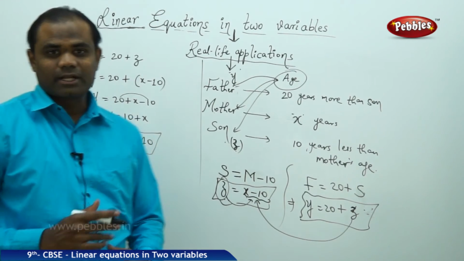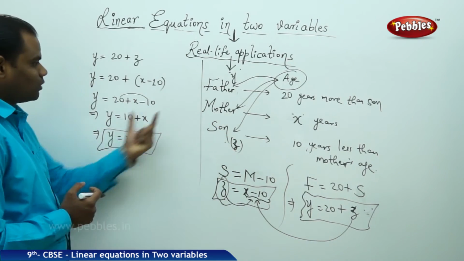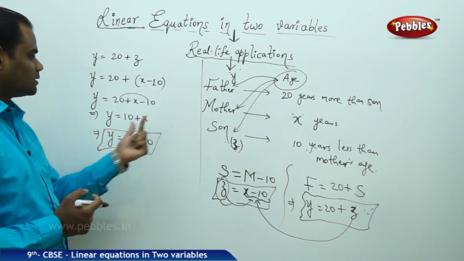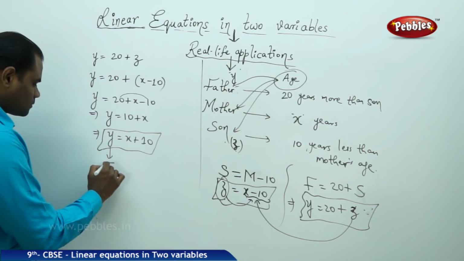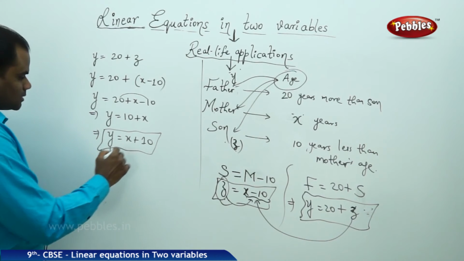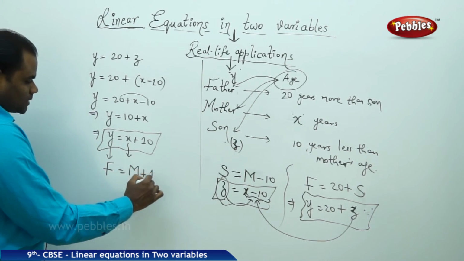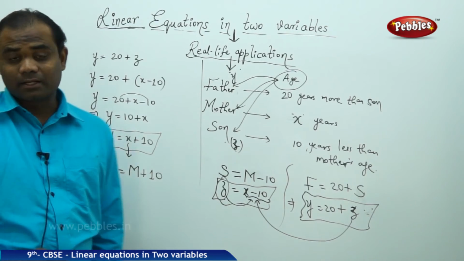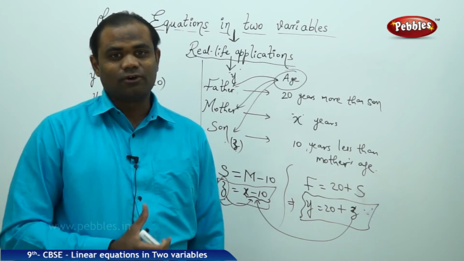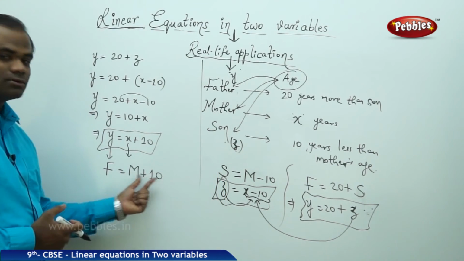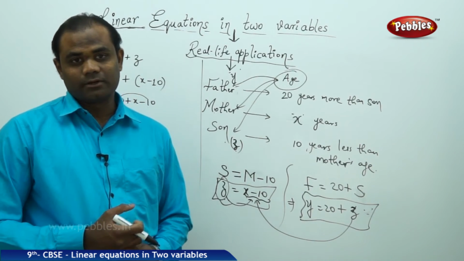So what do I understand from this? I clearly make a comparison between father's and mother's age: the father's age, denoted by y, is connected with the mother's age, denoted by x, plus 10. So father is 10 years older than the mother, is how we connect through the linear equation.